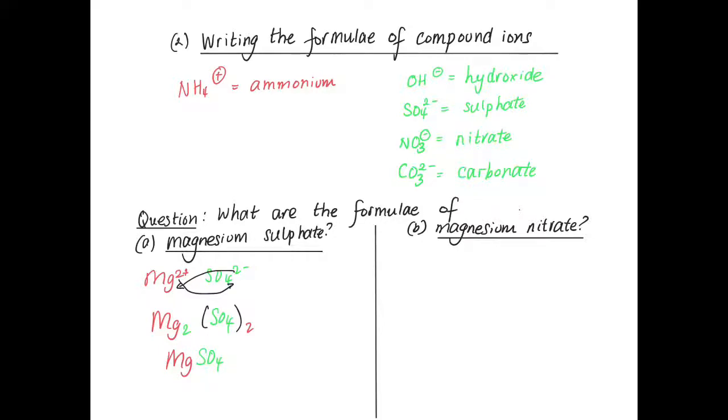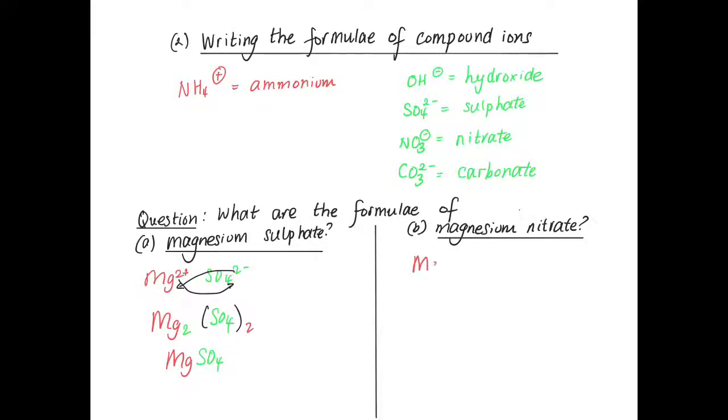And the reason why it's MgSO4 and not Mg2(SO4)2 is because in chemistry we like to keep things simple. So these 2 are the same as 1 to 1, which is why there's an imaginary 1 there and an imaginary 1 there.